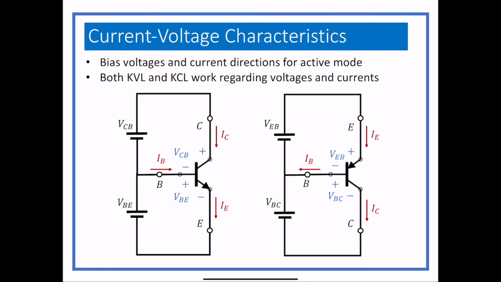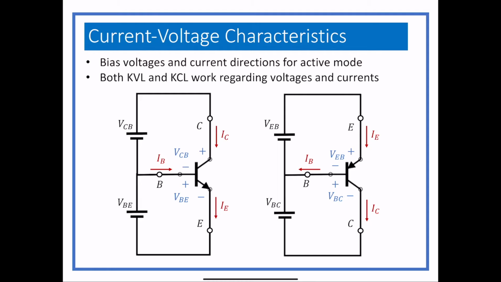The forward biased PN junction, which in an NPN is the base emitter junction, will look pretty much like a forward bias diode. And then the collector base junction ends up being like a reverse bias diode. That really pretty much holds true for the PNP as well. It's just that the subscripts of the voltages are different because the current is going the other way. But that's literally the only difference.